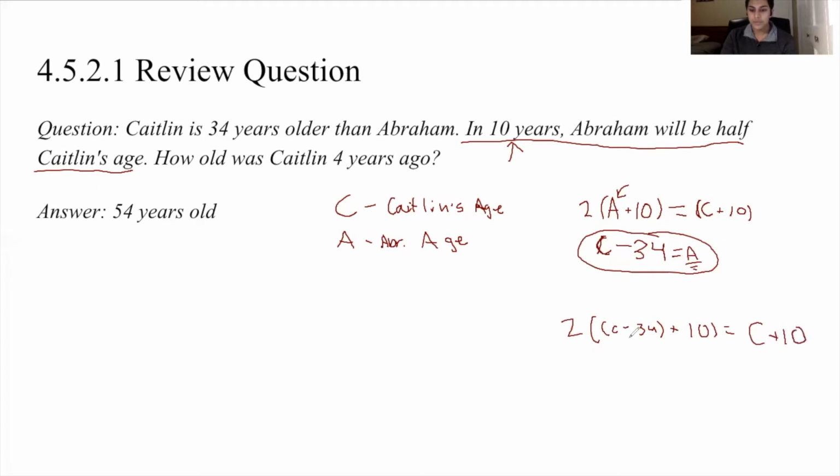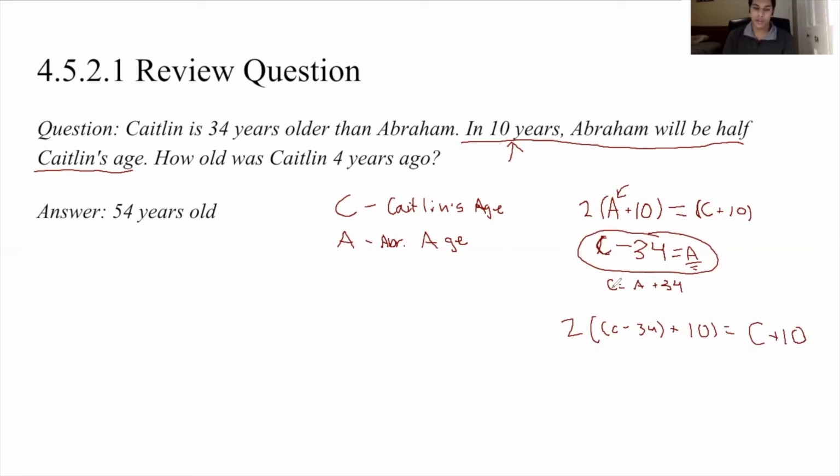All right. So now, since we substituted in for A, we got A out of the equation. Now we can just solve algebraically for C. And if you originally wrote this equation up here as C equals A plus 34, and then substituted to eliminate C from the equation, that's also fine.